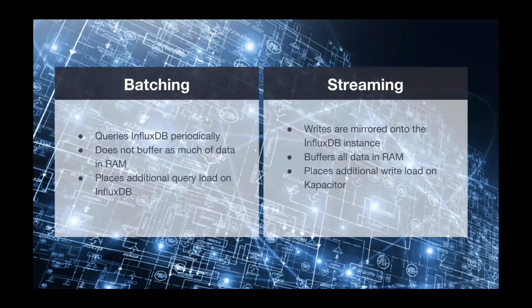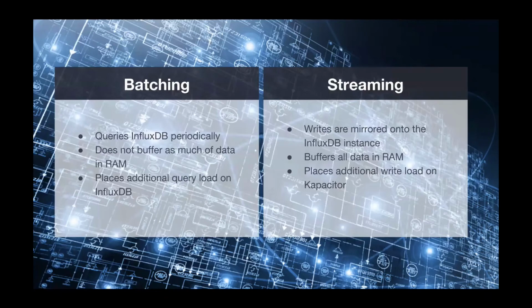So batch tasks, as we just saw in that downsampling tick script, have to query InfluxDB periodically. That one was querying InfluxDB every minute, which could put additional pressure on InfluxDB. But the advantage is that you're not having to buffer much data in memory. It's using limited memory.